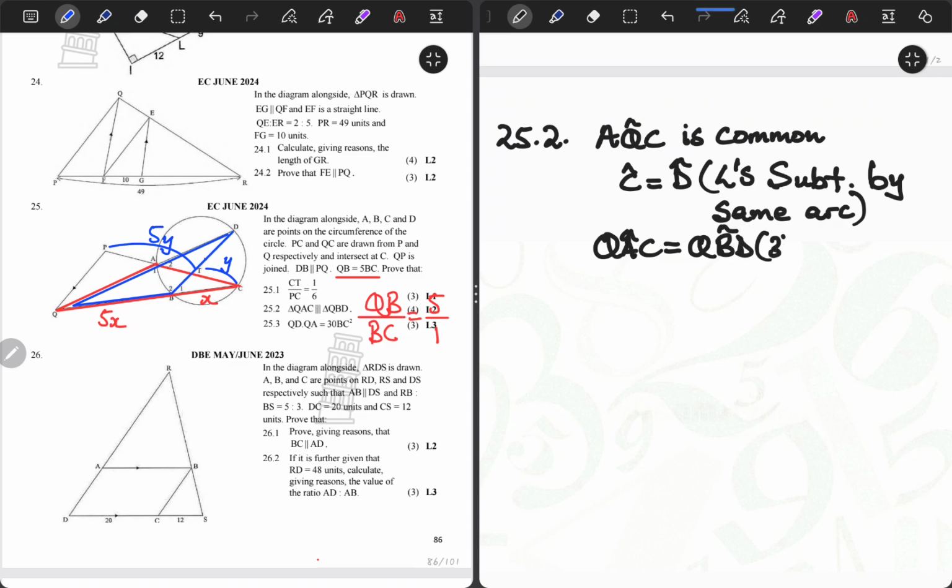This will be the third angle of a triangle.